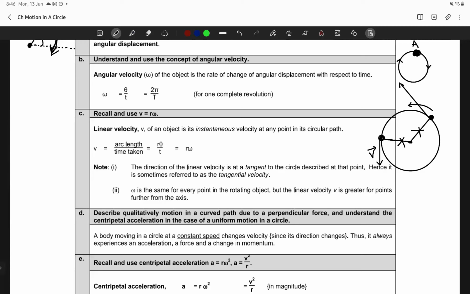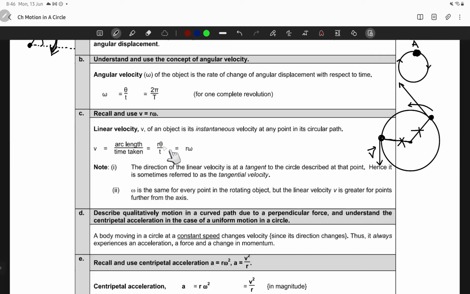So linear velocity is defined mathematically as the arc length over the time it takes to move to that point. So we have v, linear velocity. It is defined as, why am I writing it down? It's mentioned over here already. So it's the arc length, and we know from mathematics that arc length is simply r times theta.